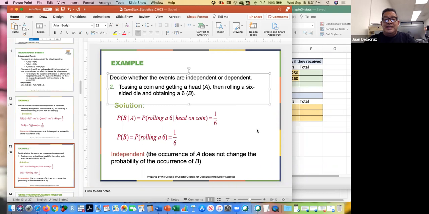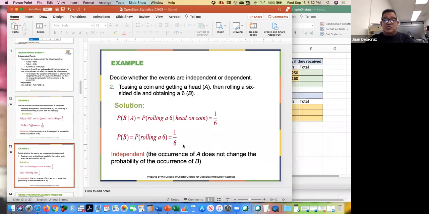If you are rolling a die and tossing a coin, of course, those are two independent events. Tossing a coin doesn't affect what happens with the die. So we are going to see that the probability of this is 1/6, because rolling a 6 has nothing to do with the coin. So that is the conditional probability, but also the real probability of this event is going to be 1/6.